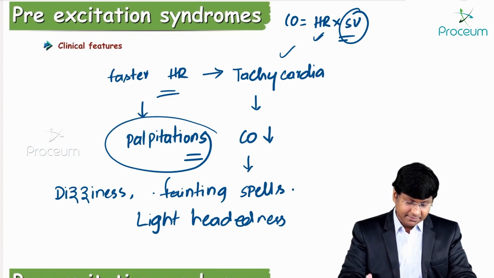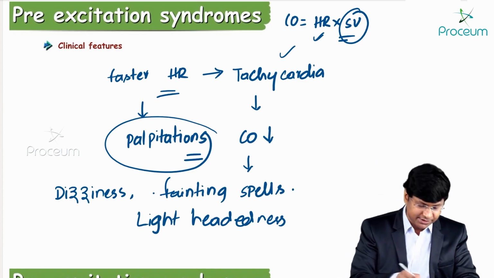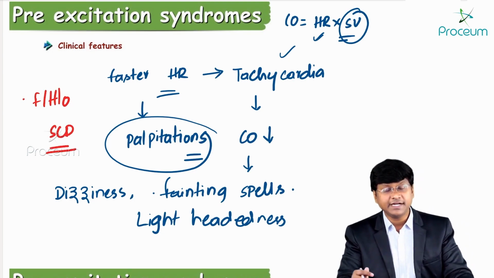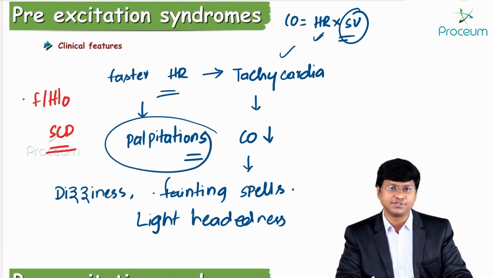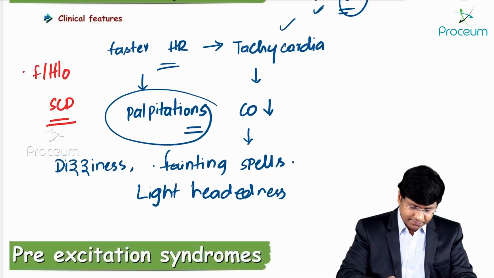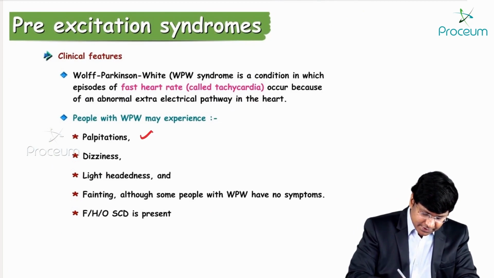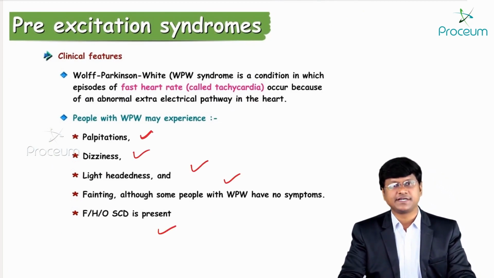And the other extreme end of the manifestation of WPW syndrome is that there can also be a family history of sudden cardiac death. Family history of sudden cardiac death is also present in these patients with WPW syndrome. So, to summarize the manifestations, they'll have palpitations, dizziness, lightheadedness, faintness, and family history of sudden cardiac death can be present.